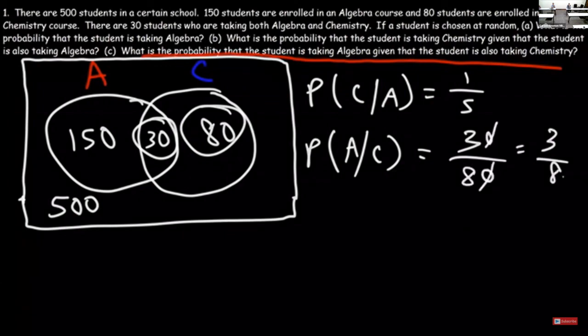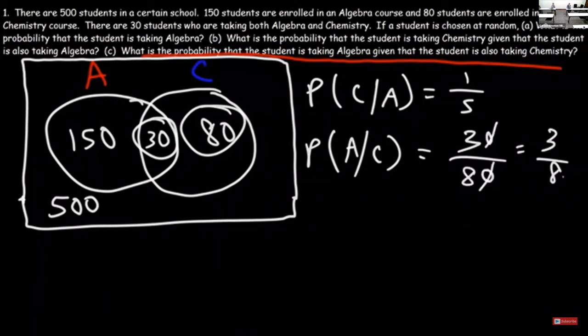So out of the 80 students who are taking chemistry, 30 of them are taking algebra. So the probability of selecting a student that is taking algebra, given that they're taking chemistry, is 3 out of 8. And so that's a simple way in which you can do conditional probability calculations.